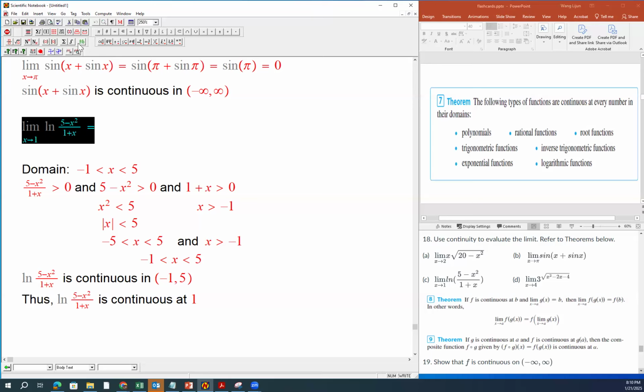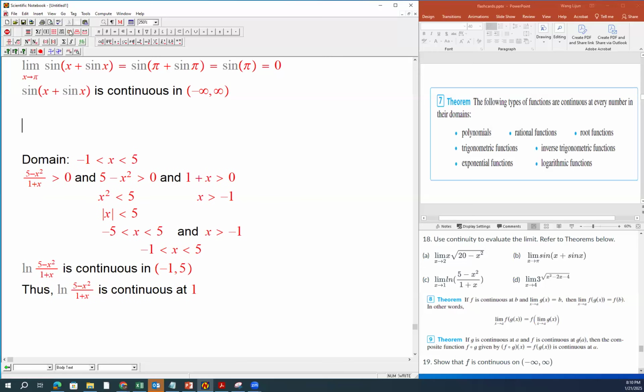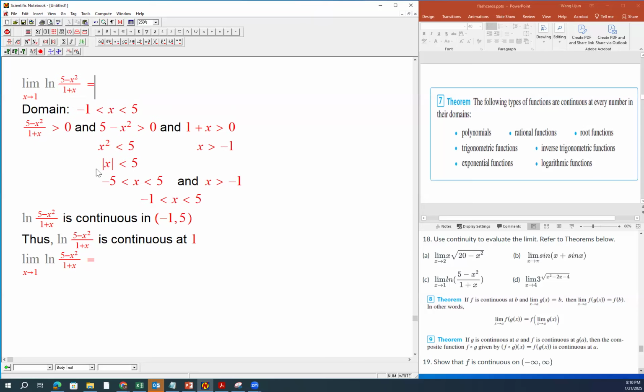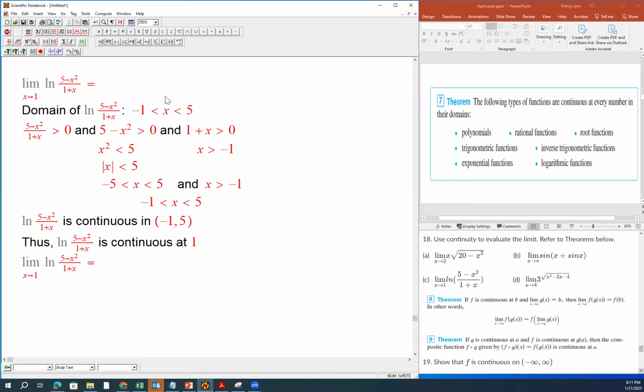So let me bring this limit down here. Let me make sure I write it down properly because I'm going too fast. Sometimes I type something wrong.